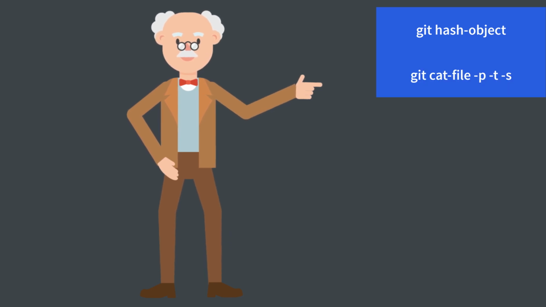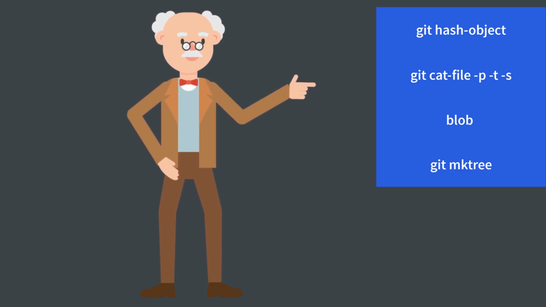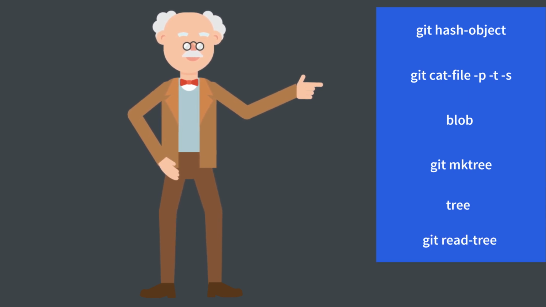Moving on from that, we could use git cat-file. With this then we could go through and look at the contents of a file, the type and its size. The type of file we would be looking at would be a blob for our ordinary files. To create a directory entry in Git, we use git mktree, creating a tree object in Git.